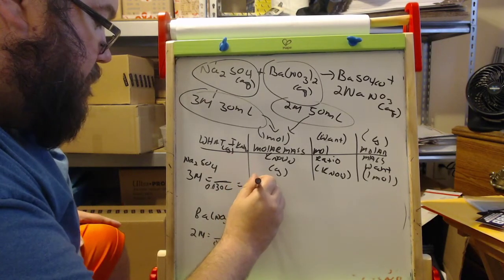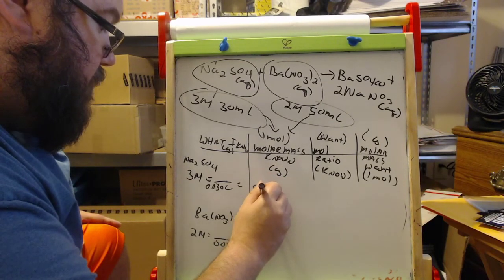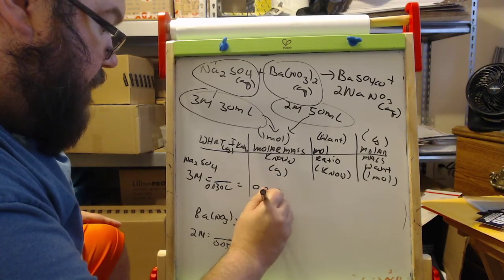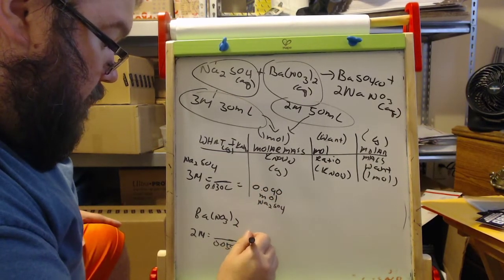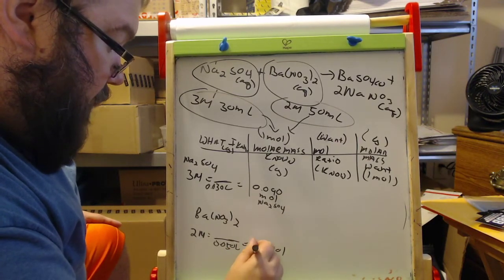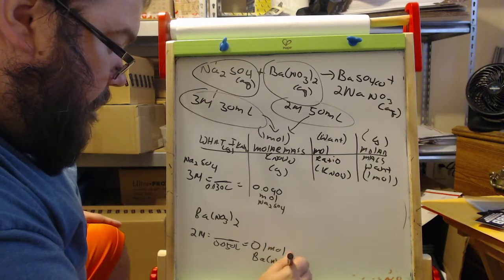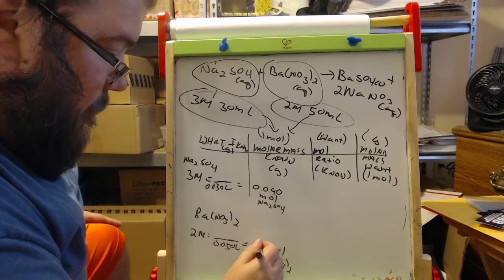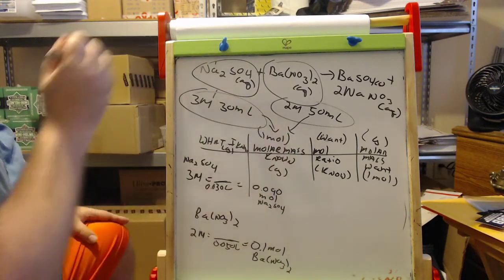All right, so this would be 0.090 moles of sodium sulfate. This would be 0.1 moles of barium nitrate. Okay, so I know my moles, so I'm technically here right now.